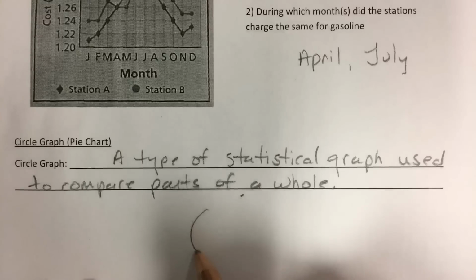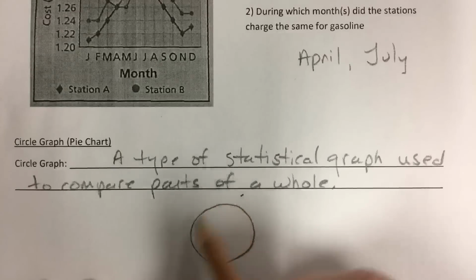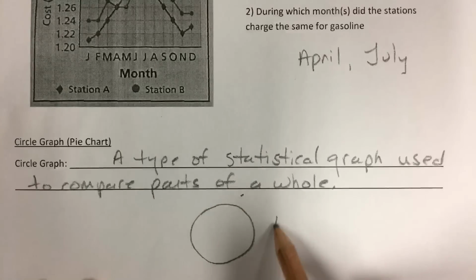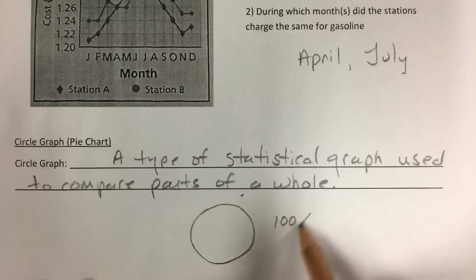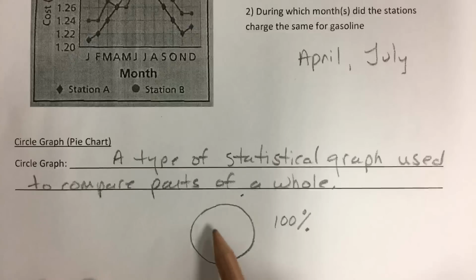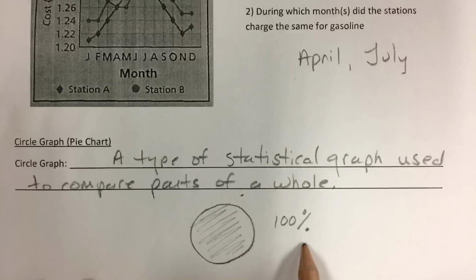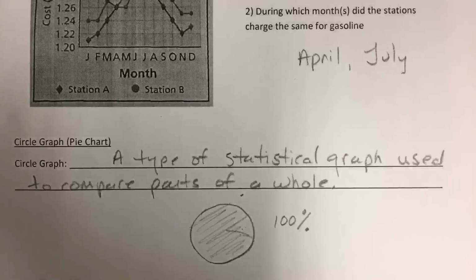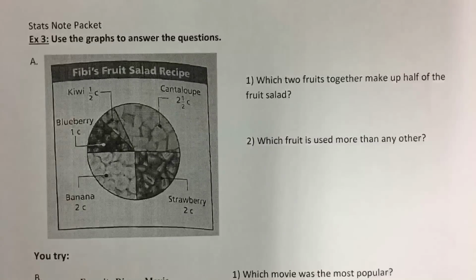If the whole circle is filled in, that would equal 100%. So different parts of it would represent different percentages. All right, so let's go to our circle graphs.